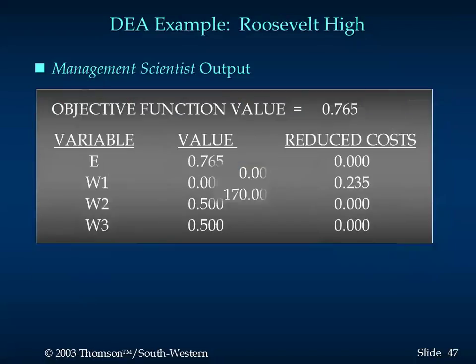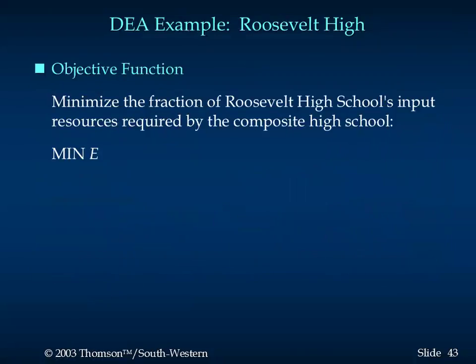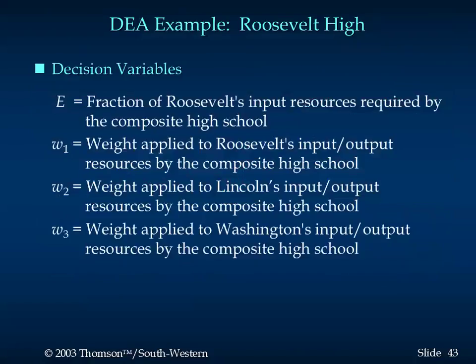But let me tell you beforehand: when we apply DEA, we have to be very careful, because there are a couple of different issues. One is that size is an important factor. For example, the largest unit will automatically be efficient because you cannot produce more output than that anyway.